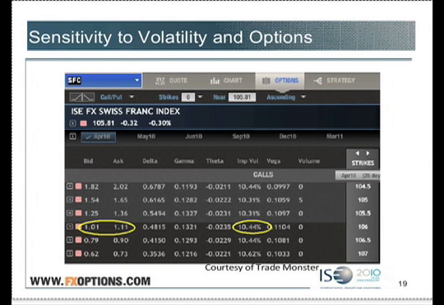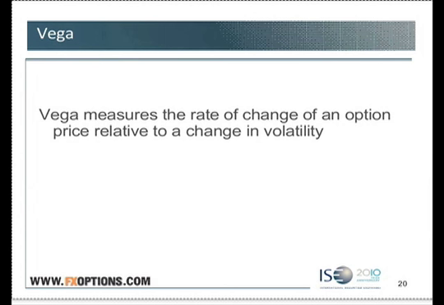So okay, let's get back to our example here. With the SFC at 105.81, the 106 calls are at 101 bid at 111, and that's all predicated around a 1044 volatility. As I just mentioned a minute ago, Vega measures the rate of change of an option price relative to a change in volatility.